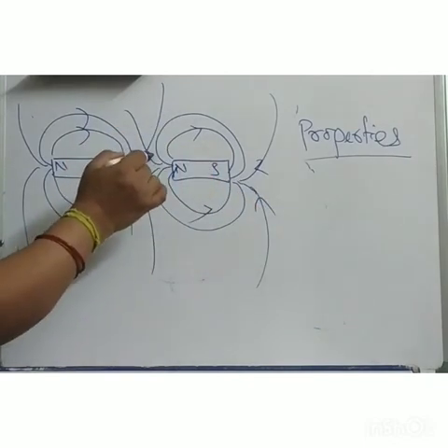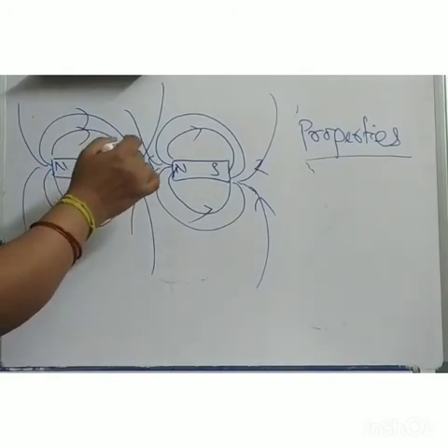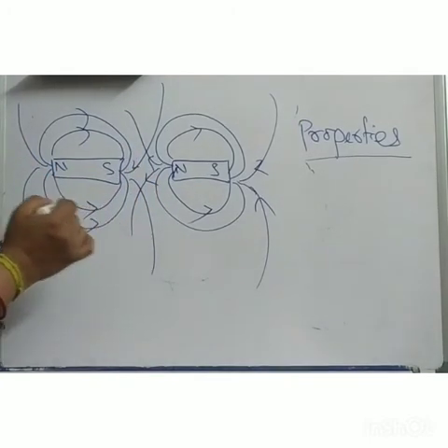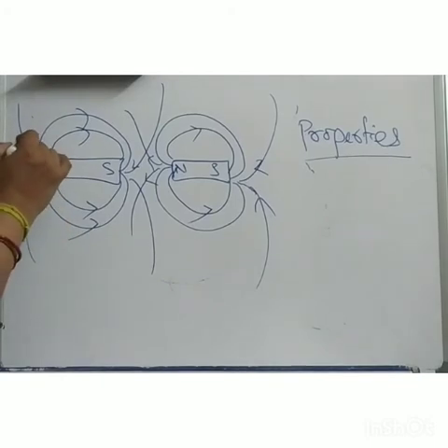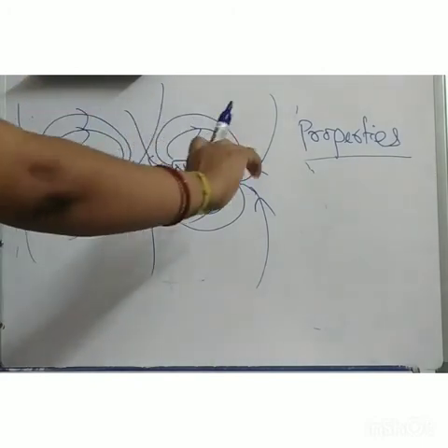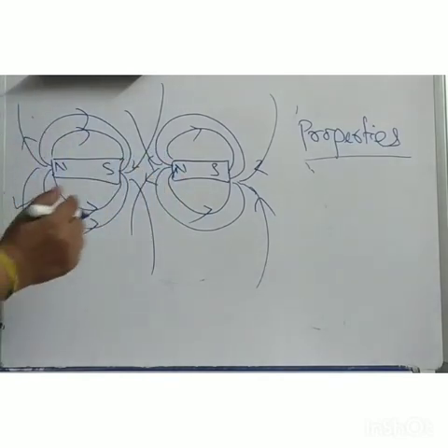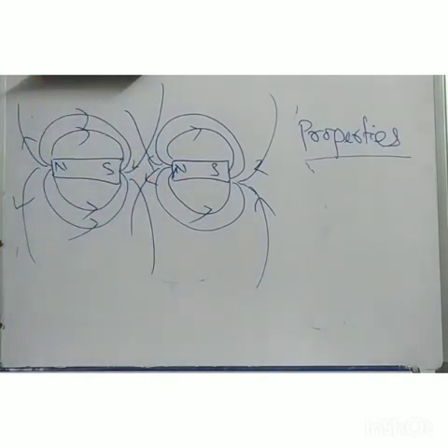It will leave the north pole from here, and in this case it will enter. The direction will be like this. From the north pole it will originate. Is it clear? So suppose we take two magnets and bring them close to each other, and suppose there is an intersection now.